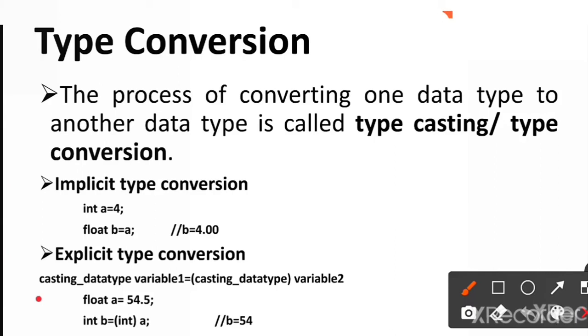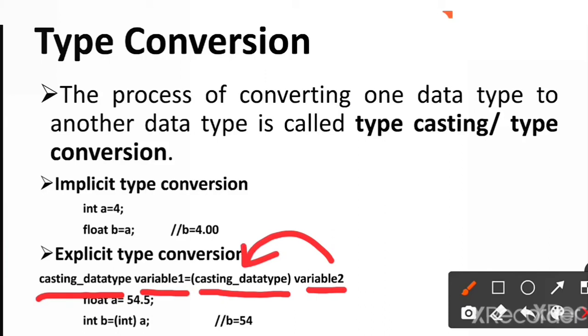First you specify the casting data type, followed by the name of the variable to which the converted value will be assigned, and then within the parentheses you specify the data type to which the variable has to be converted. Here the variable 2 value is converted into the data type specified within the parentheses, and then it is assigned to the actual variable.